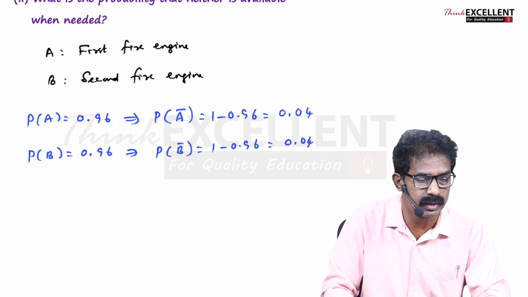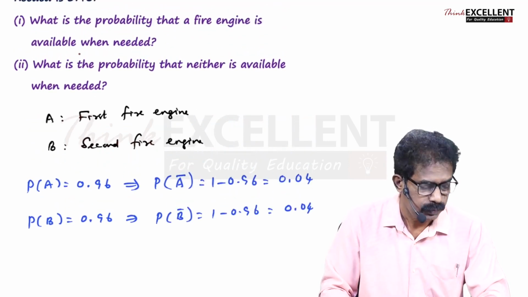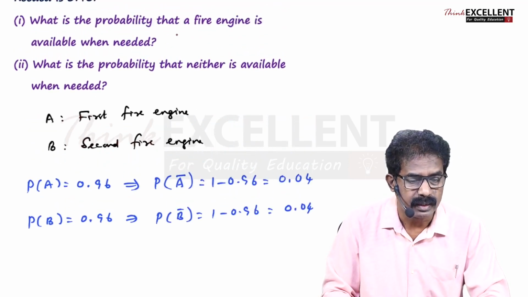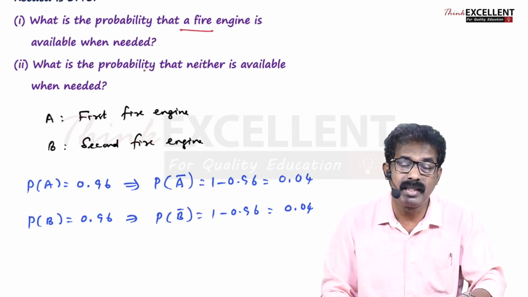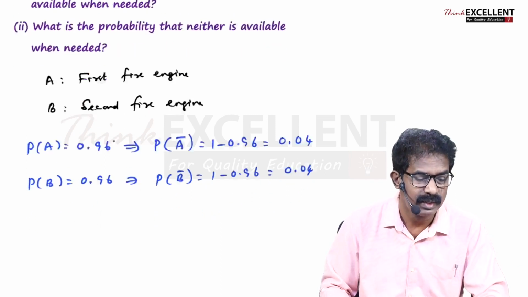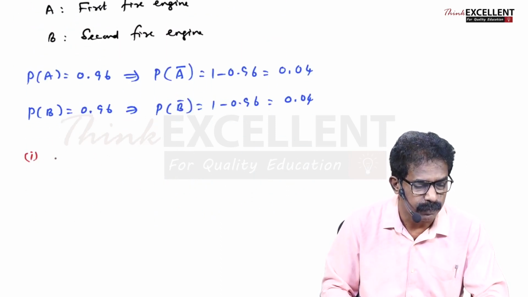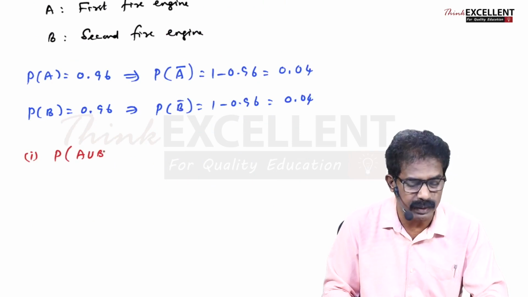See the first subdivision. What is the probability that a fire engine is available when needed? A fire engine means either the first fire engine or the second fire engine, so at least one is available, that is P of A union B, right?